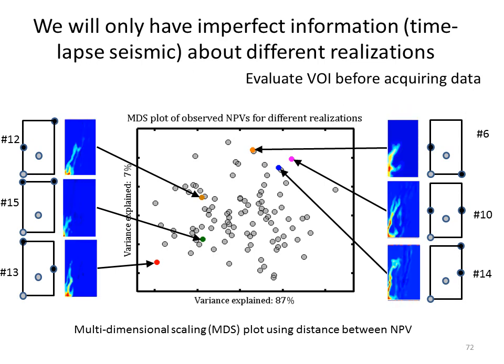Of course, we won't have perfect information. We'll only have imperfect information, the time-lapse seismic information, which will imperfectly say something about the underlying geologic uncertainty. And this will be different for different realizations. As you can see, some realizations have a seismic time-lapse signature which is very elongated.